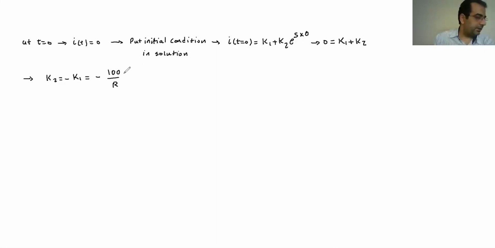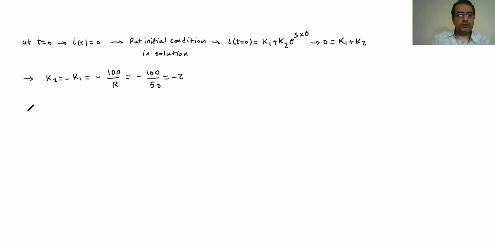That's what we had before, or if we put r as 50, it's going to be negative 100 divided by 50, which becomes negative 2. So this is going to be K2. So now we also have K2.